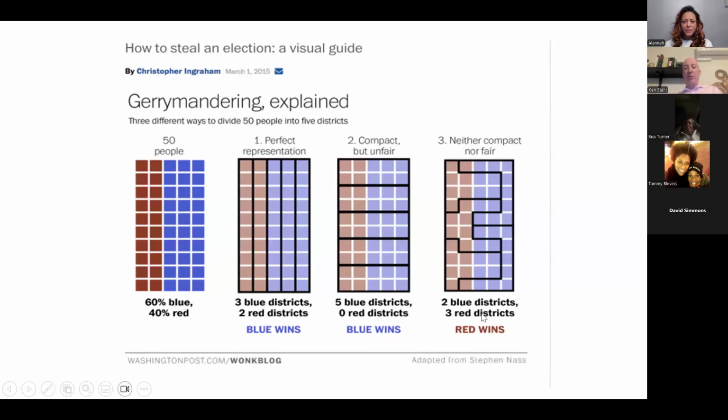The way that you get three red and two blue districts, even though red is in a minority here, is by packing all the blue voters. So in the two majority blue districts, almost all the voters are blue. And then in the red districts, you can see it's only a bare majority of the voters who are red. That's how you do it.